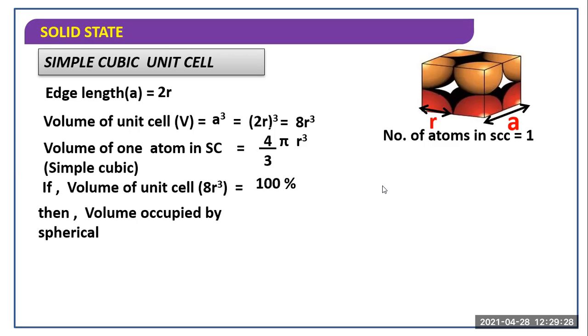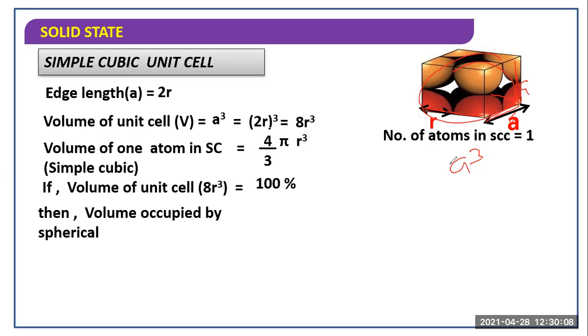Now we can calculate the volume fraction. Actually, this is a cube, this is the edge length, this is also edge length, A. So volume of the cube is A cube.